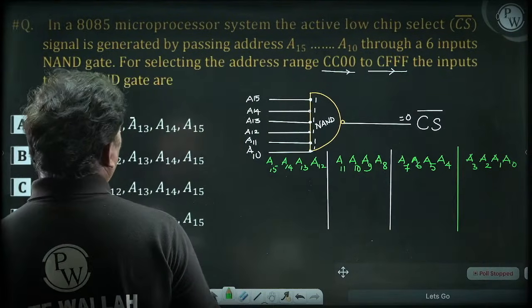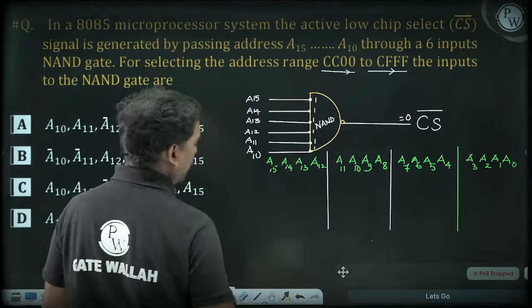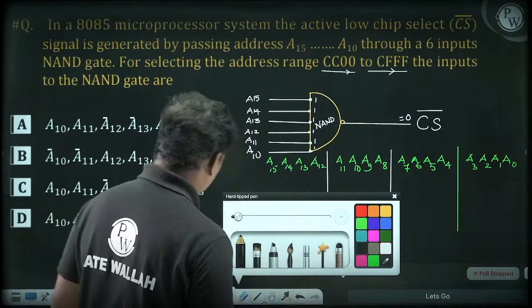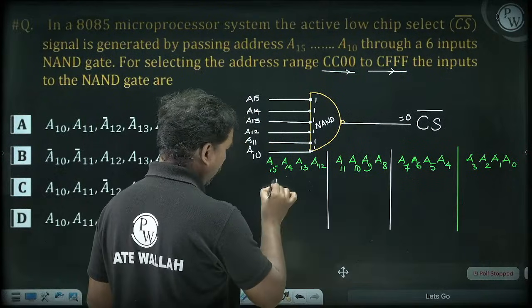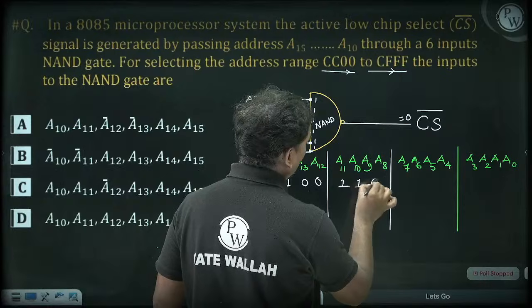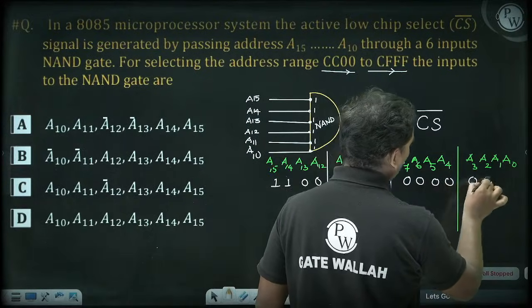So he is asking address range CC00. That means this should be C. What is C? A is 10, B is 11, C is 12. So this is 1100, and these are 0000, 00.